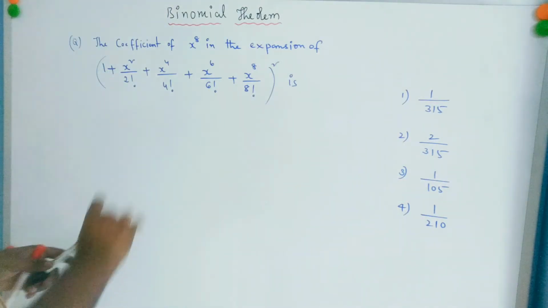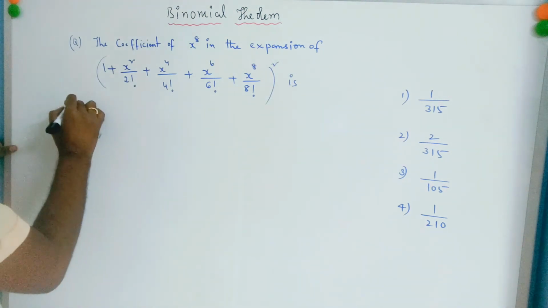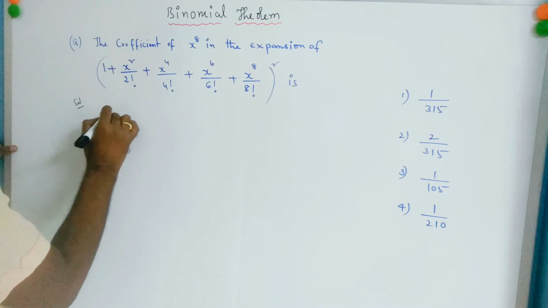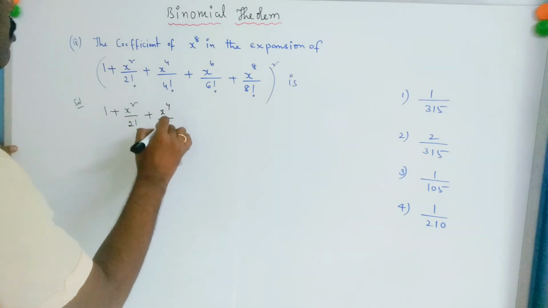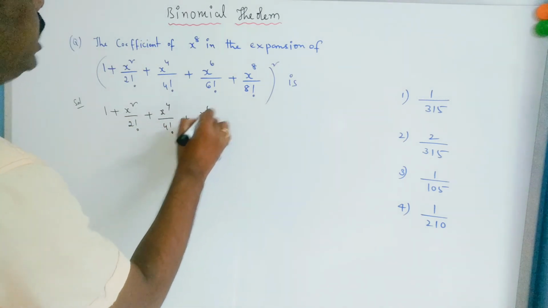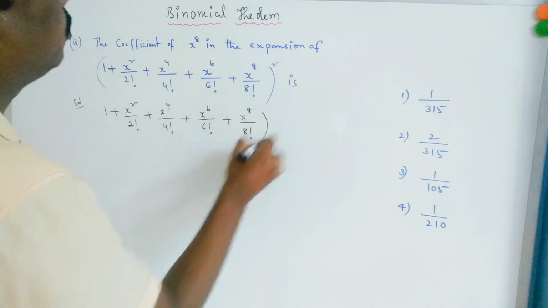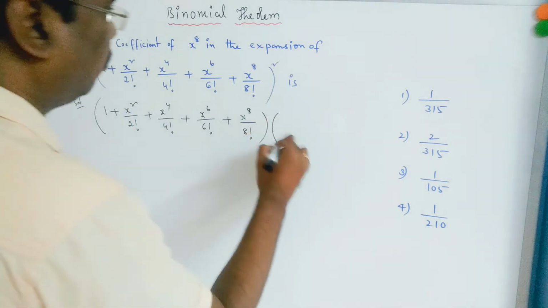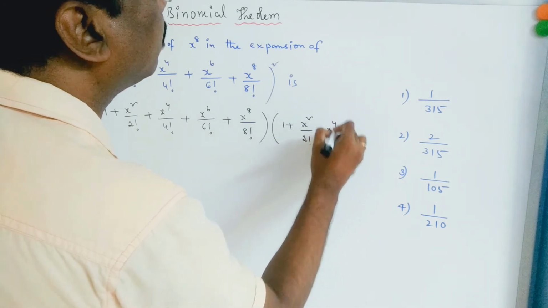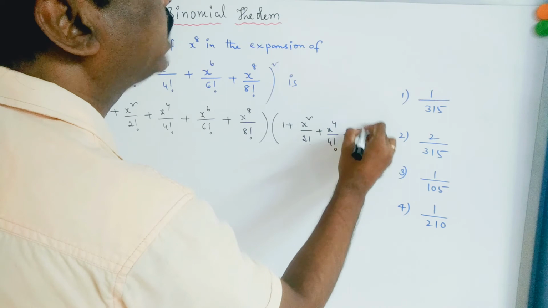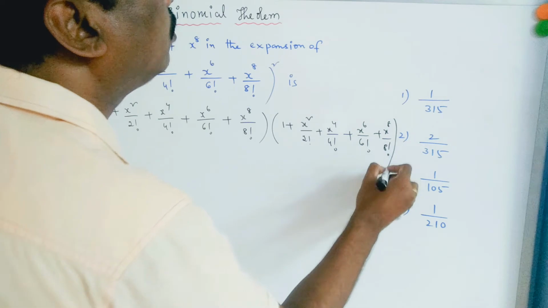Next one, the coefficient of x power 8 in the expansion of this one is, okay, now whole square means 1 plus x square by 2 factorial, x power 4 by 4 factorial, x power 6 by 6 factorial, x power 8 by 8 factorial into, now 1 plus x square by 2 factorial, x power 4 by 4 factorial, x power 6 by 6 factorial, x power 8 by 8 factorial.